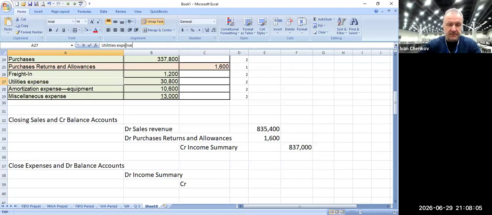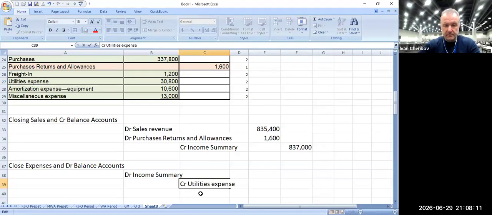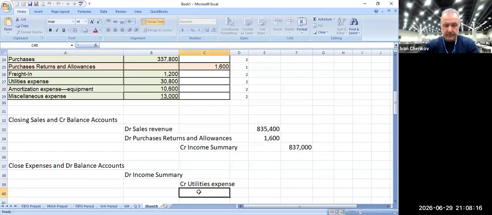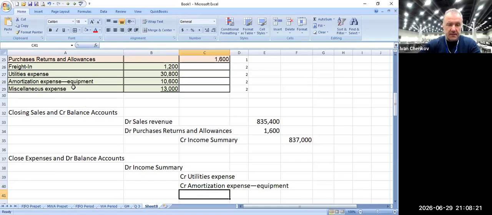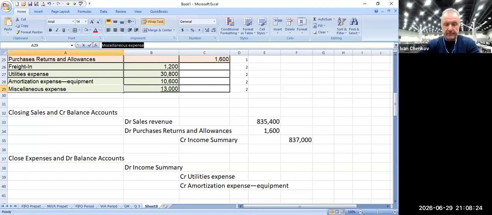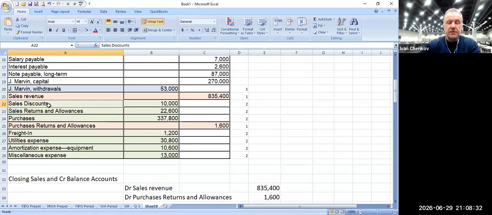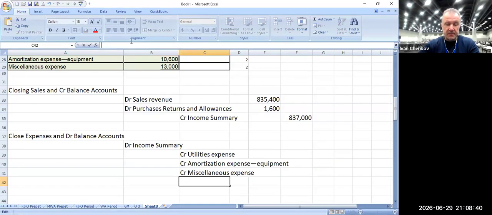First, we're going to credit utility expense. Let's close the expenses first. Then we're going to close amortization. Then we're going to close the miscellaneous expenses. Then we're going to start closing the accounts which are related to the nature of the merchandising business, which also have debit balance, but at the end of the period, they have to end up with zero.